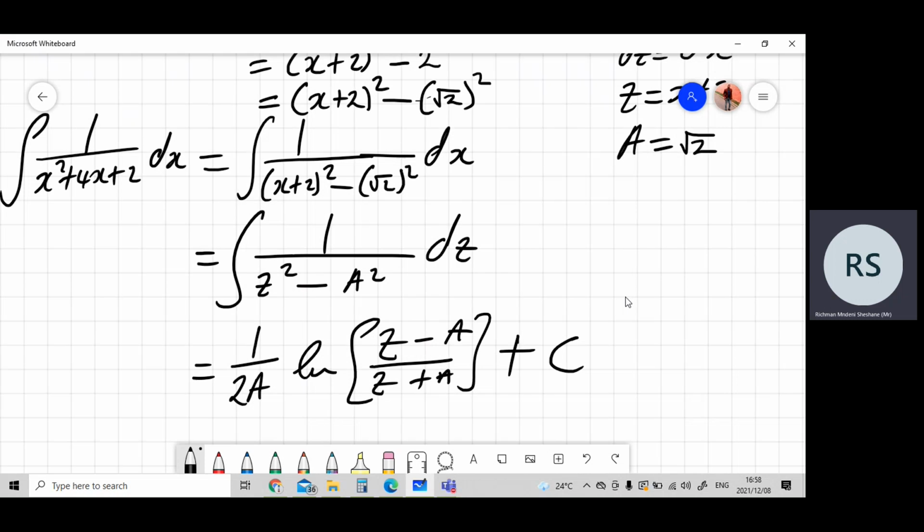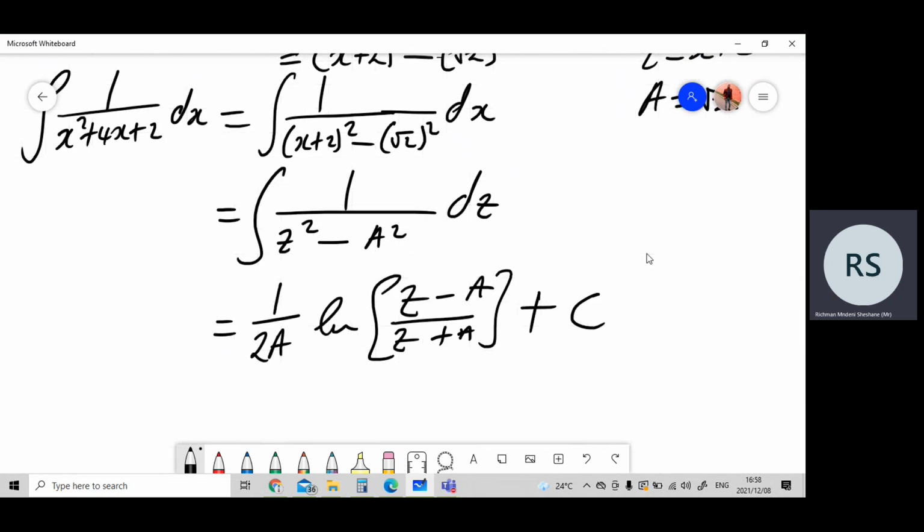You see now we're able to integrate using the formula. So the integral of this is 1 over 2a ln of z minus a over z plus a, okay?